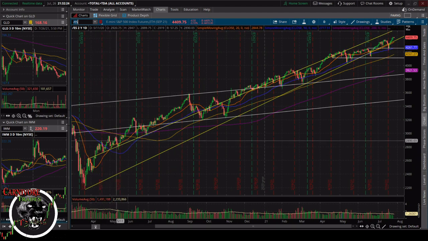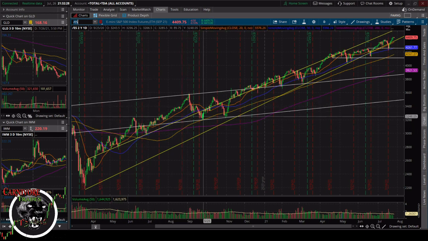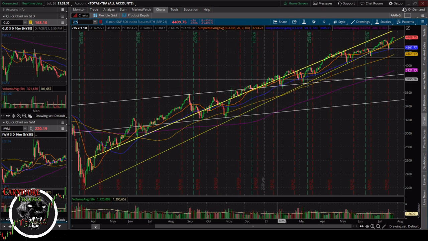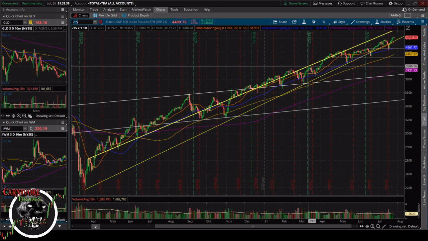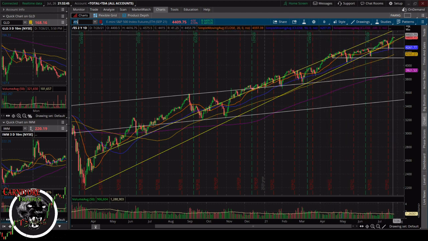We tagged it, came off of it, tagged it, it became support. Then we broke through it, went up, traded through it a little bit, then we just hugged it for months. Had a little breakdown, got back up, broke down, kissed it on the lower side, got back up here, hugged it, broke down. And now it looks like we want to go test again.